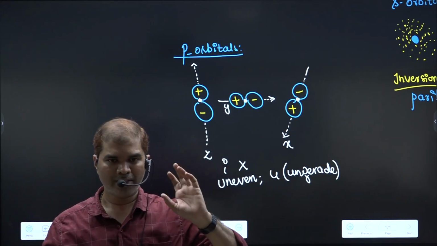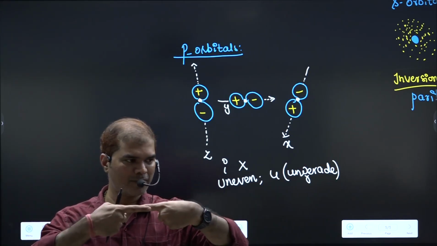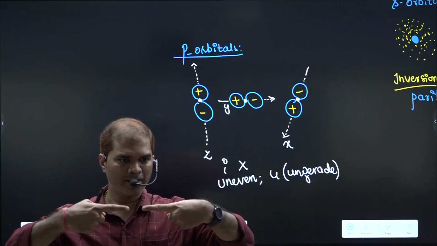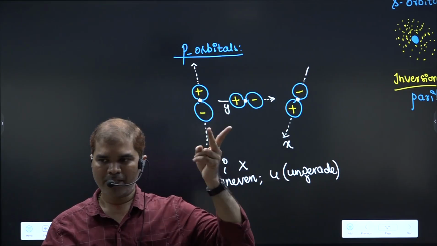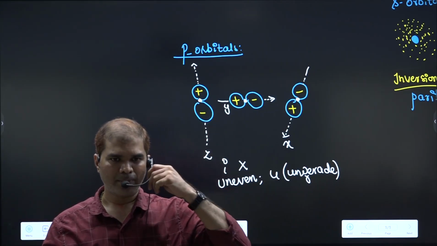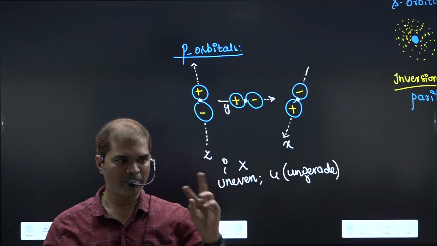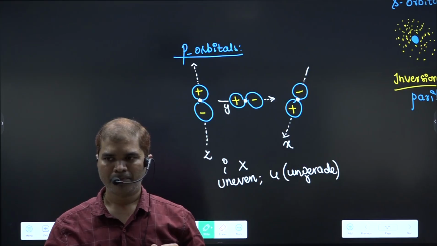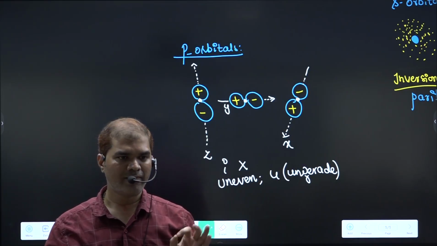But in some other text, px and px will form sigma bond. In textbooks you can see px and px forming sigma, py, pz going for pi. So which one is correct? Is px going for sigma or pz going for sigma? Both are correct. It is just a convention.